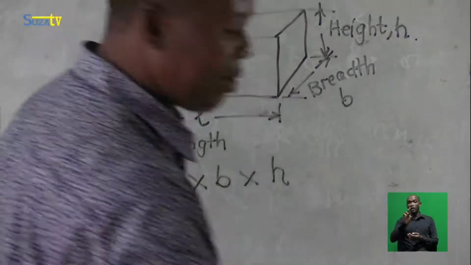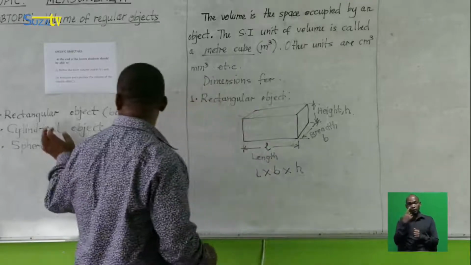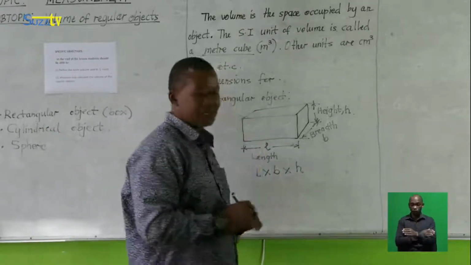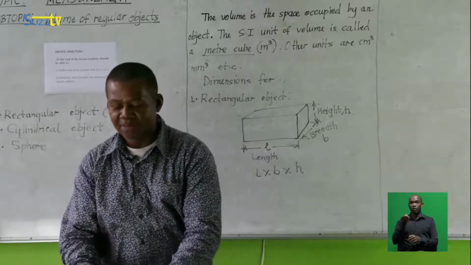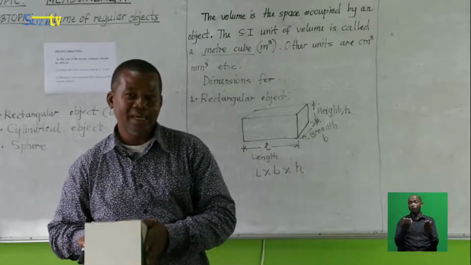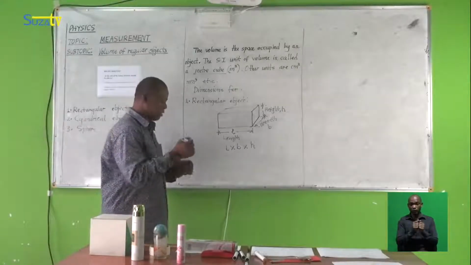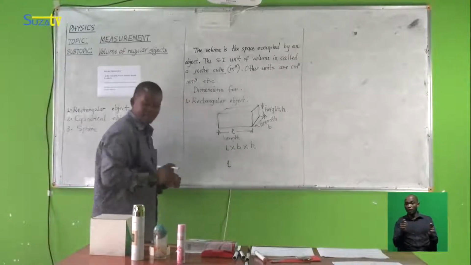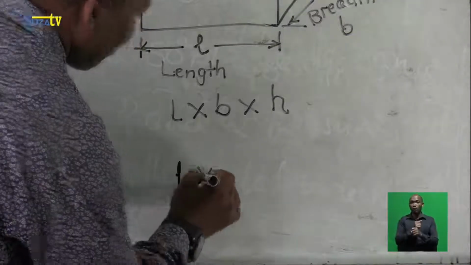After that, let us see the second object. But before the second object, we have the cube. The cube is in the form of a rectangular object, but it has a special feature. For this case, we have the length, this one. Then we have the breadth.